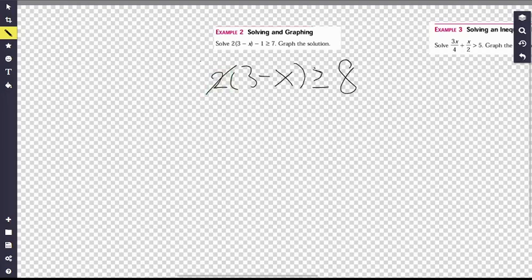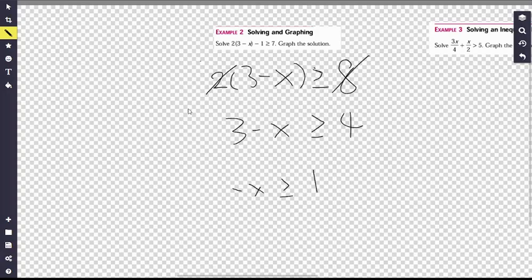And now, direct division, so 3 minus x is going to be smaller or greater than 4. And now, to get the 3 on the other side, we'll have to minus 3. So negative x is smaller, greater than... we have a negative sign here. That is not good. So what do we do here? Why don't we divide both sides by -1?